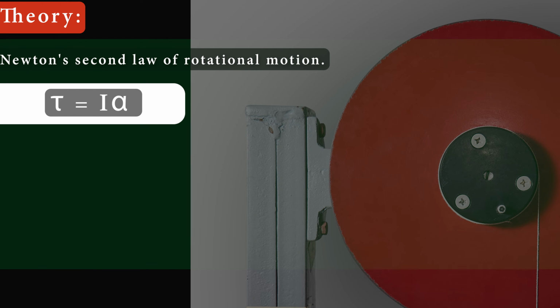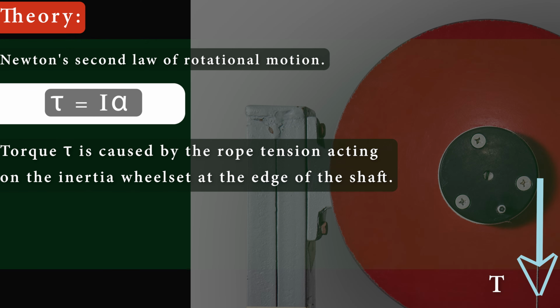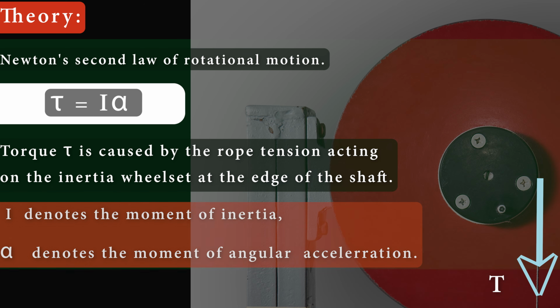Torque equals I alpha. Torque tau is caused by the rope tension acting on the inertia wheel set at the edge of the shaft, where I denotes the moment of inertia of the inertia wheel assembly about the axis of rotation passing through the center of mass. The axis of rotation is perpendicular to the plane of the wheel. Alpha is the angular acceleration of the inertia wheel set.